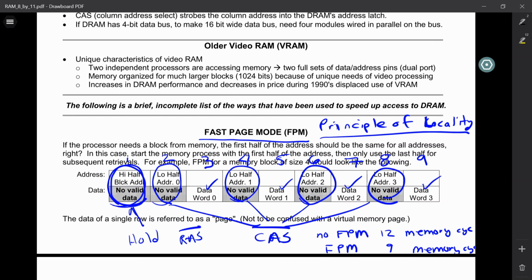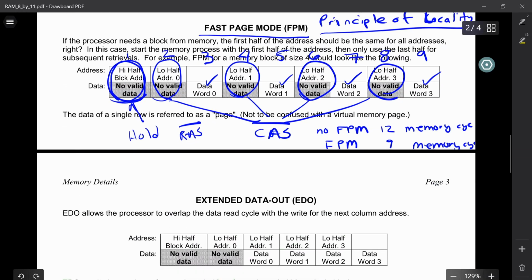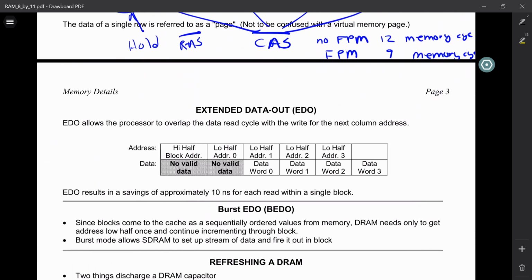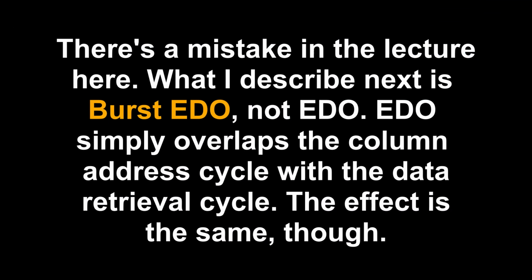Whenever I execute the first instruction, chances are really good I'm going to execute the next instruction in memory, and then the next instruction in memory. Well, that gives us an additional method of accessing data, and this is called EDO, or Extended Data Out.